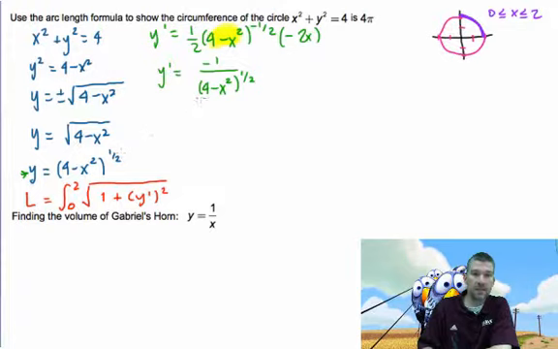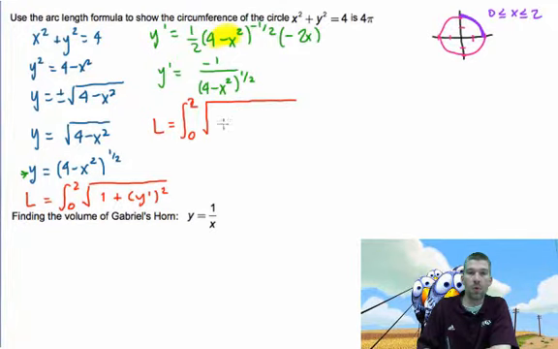So let's put this into our arc length formula. Our arc length then is going to be the integral from 0 to 2 of the square root of 1 plus the derivative squared. I'll go ahead and write it in here, negative 1.